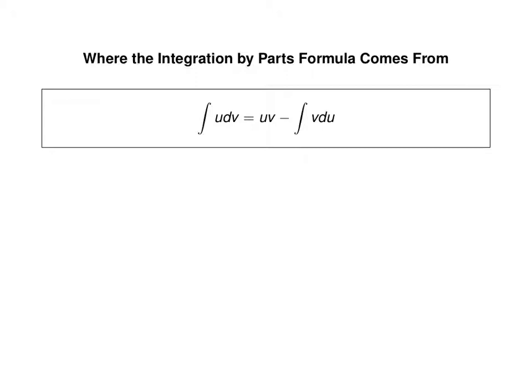So suppose you have two functions, u and v, and you take the derivative of their product uv. You use the product rule, so we will have u prime v plus u v prime.